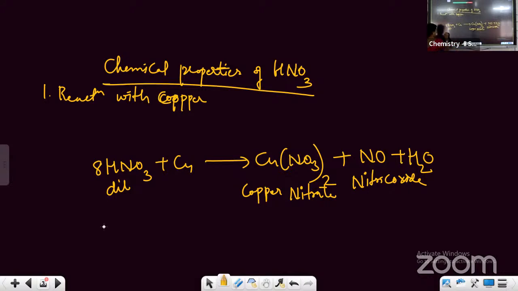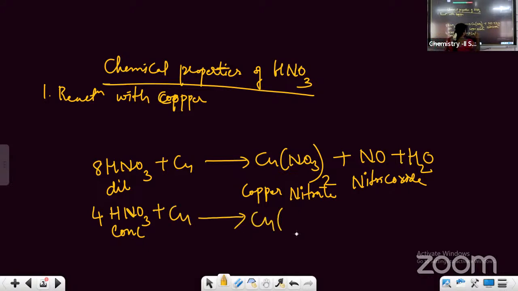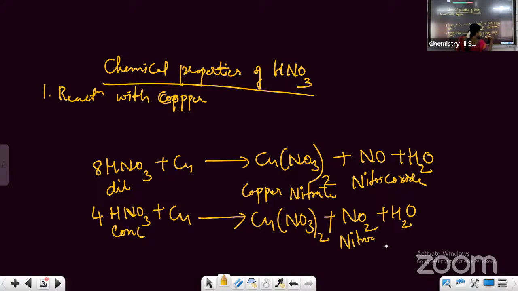Now, when you take concentrated nitric acid, it will react with copper to give Cu(NO3)2 plus NO2 plus water. So what is this NO2? This is nitrogen dioxide. Okay, students.